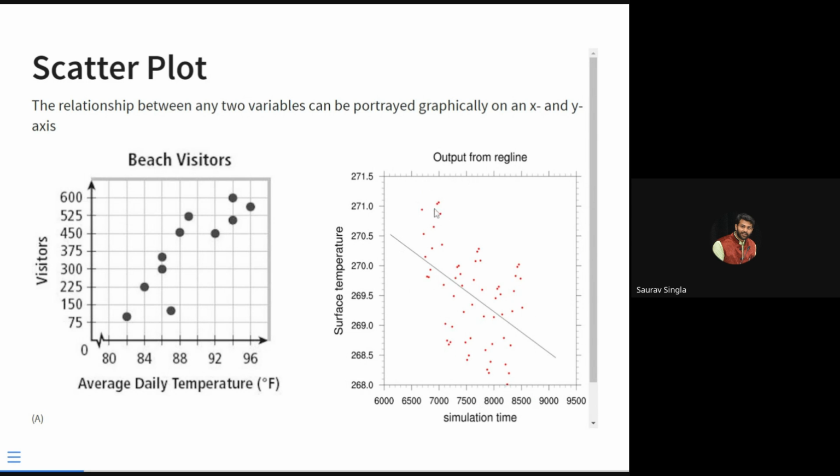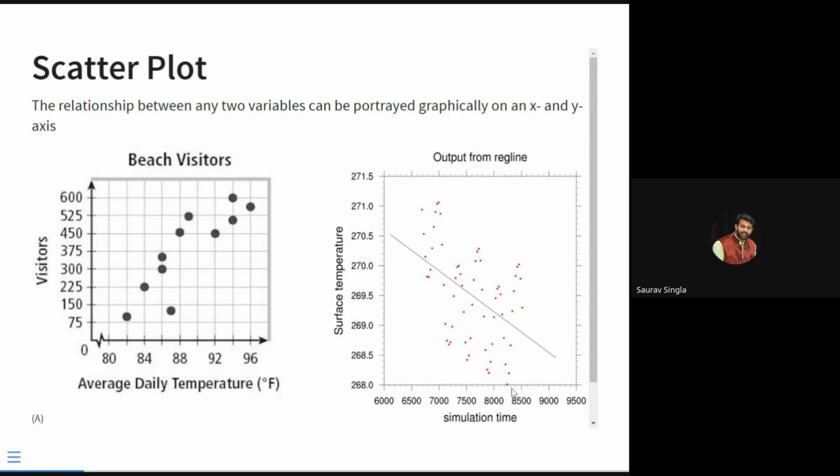I think 50 plus points are there in this plot. So what this plot is telling is, at a given simulation time, what the surface temperature was. If the simulation time was 6,700, these are a few readings taken on the surface temperature.